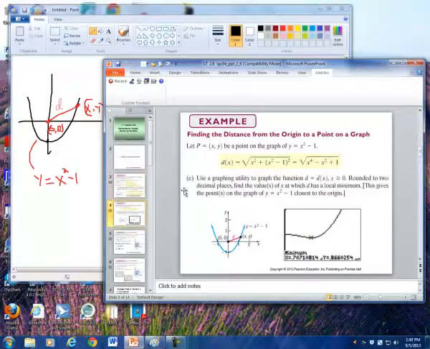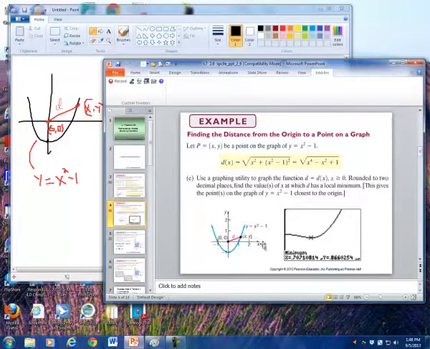Okay, now we want a point, let P be a point xy on the graph of our x squared minus 1. Use the graphing utility to graph the function, and then round to 2 decimal places. Find the values at which the local minimum occurs.